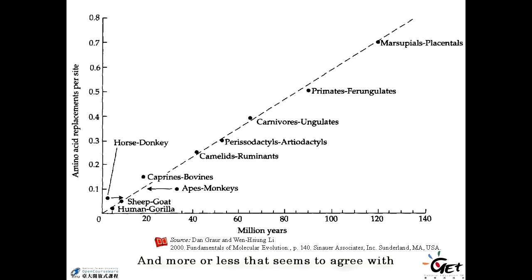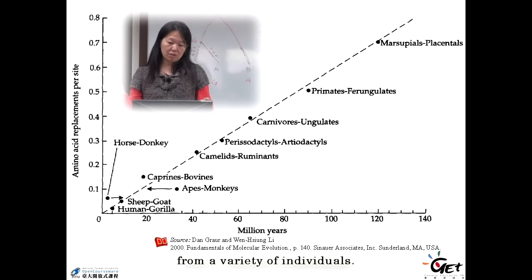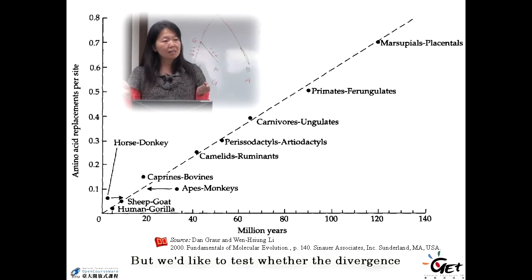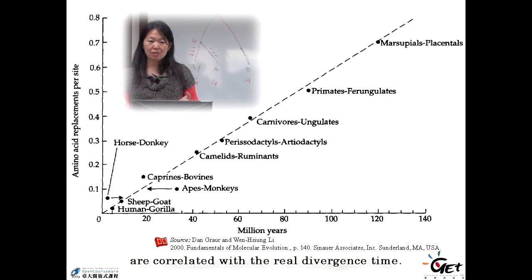So that's the overall idea of the early times. And more or less that seems to agree with a lot of data. A typical way to look at that is to have two independent measurements. One way, of course, is to look at amino acid replacement. We collect homologous sequences from a variety of individuals, and we test whether the divergence is correlated with the real divergence time.